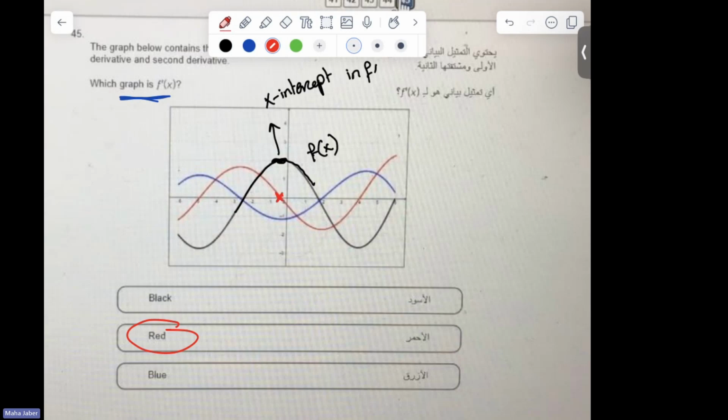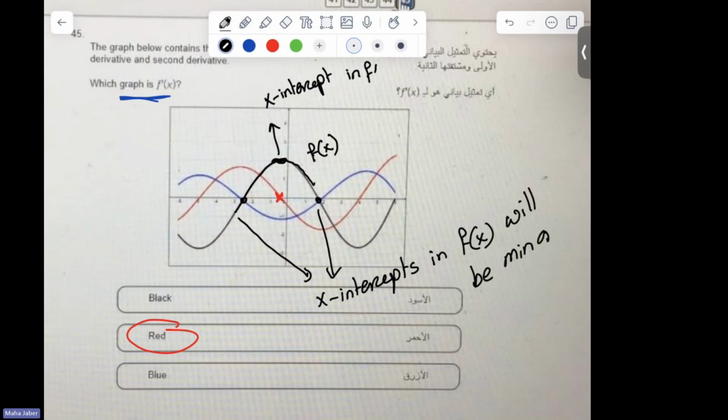Not only that. Also, do you see these that are x-intercepts? Let me put it like this. X-intercepts in f of x will be minimum or maximum in f prime x.